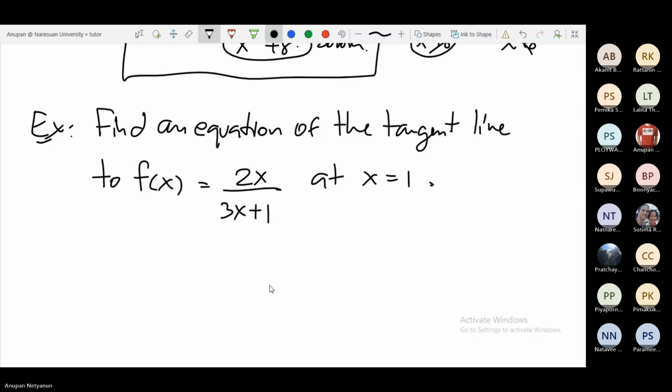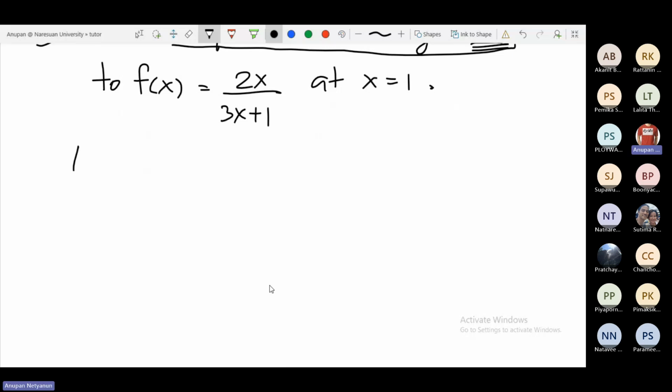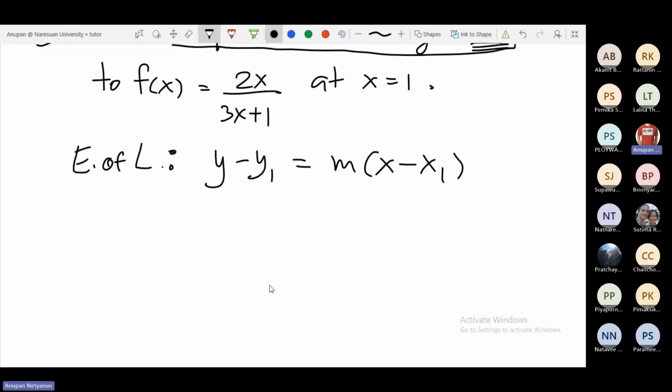Okay. So this problem, we did it last time, if you remember, right? So let's do it, which is you need an equation of the tangent line. So I'm going to start from the equation of the line first. That is, the equation of the line is y minus y1 equal to m times x minus x1.